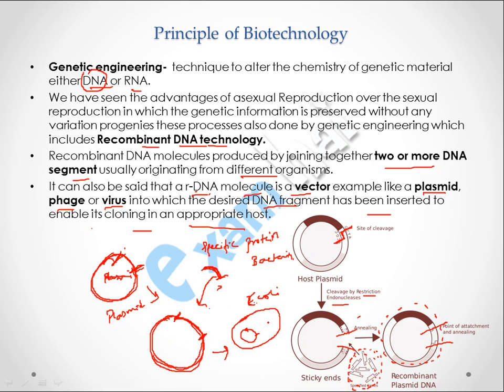Now this E. coli will produce its progenies, and hence this DNA will be transferred from one generation to another with this specific protein gene of some bacteria. Okay, so this is the whole process which occurs.